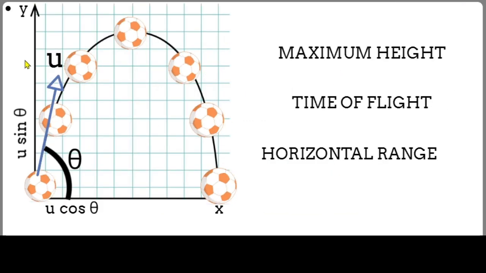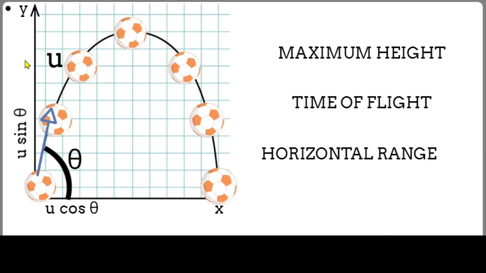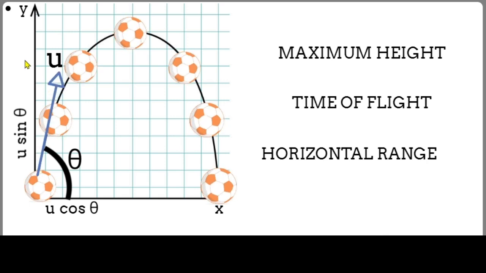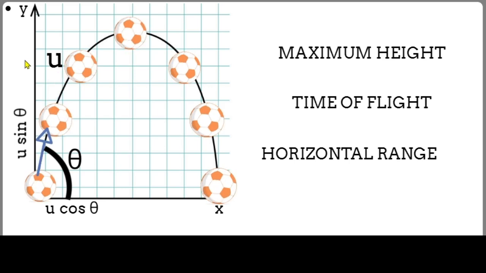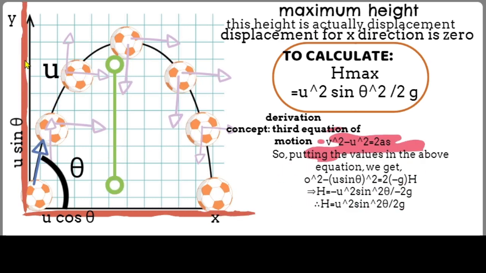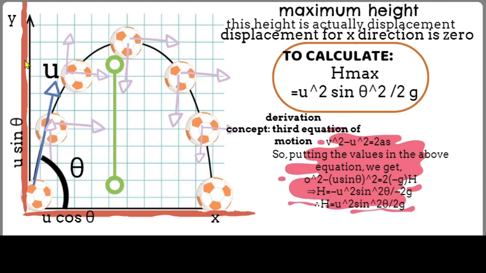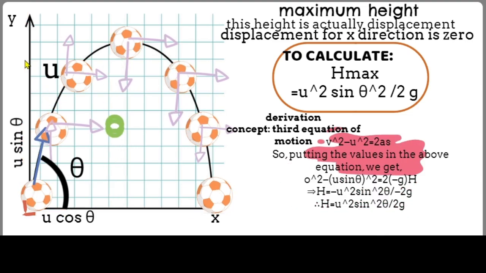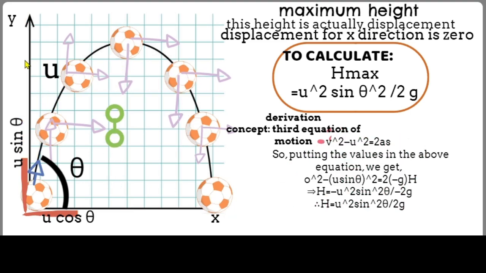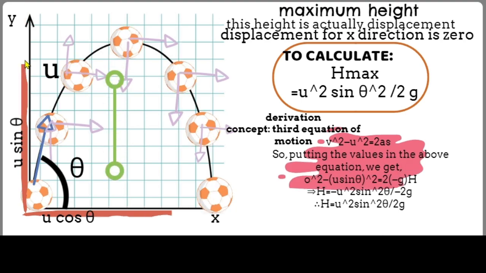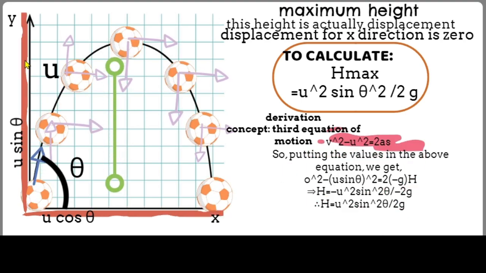We need to remember three things when talking about projectile motion, and that's time of flight, maximum height, and the range. Let's talk about it. The height is actually displacement, and the displacement is the shortest path covered by the particle. But over here, the particle is coming to its original position again, so the displacement for the x direction is going to be zero.